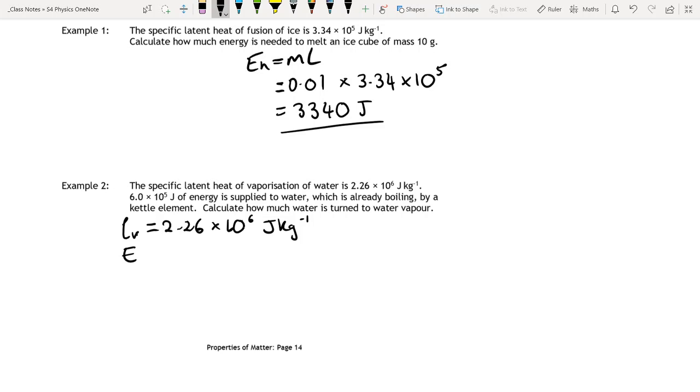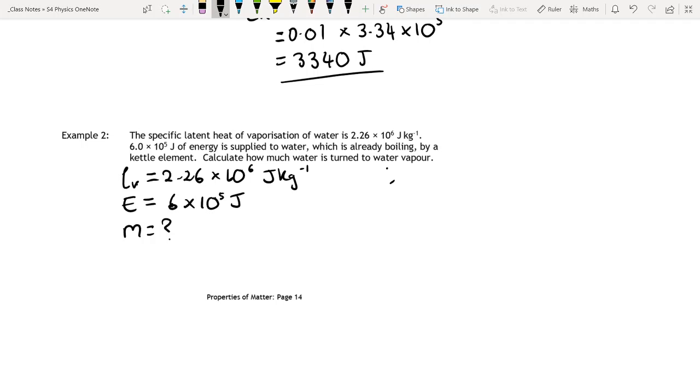So the energy is 6 times 10 to the 5 joules. Which is not really boiling, so we're not increasing in temperature, it's just boiling by a kettle element. To calculate how much water is turned into water vapour, so we want to know the mass of water.